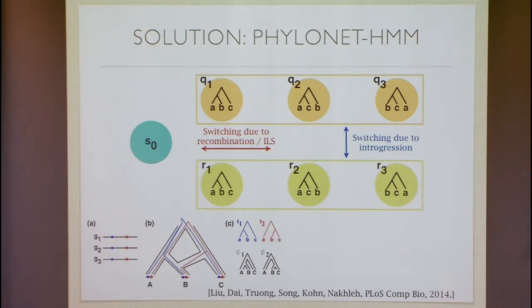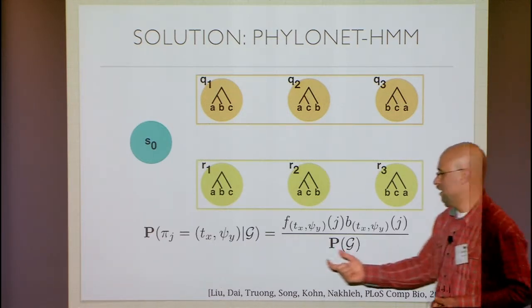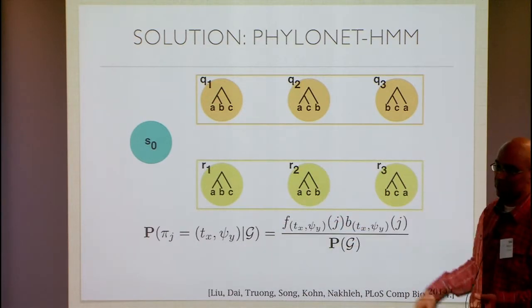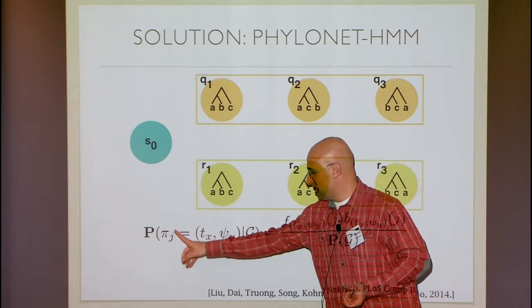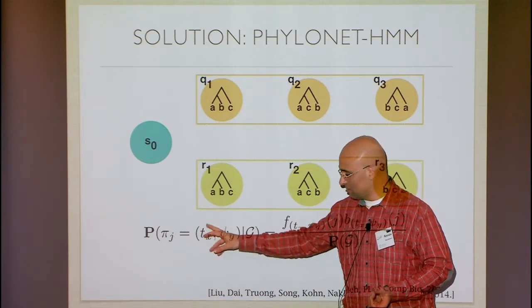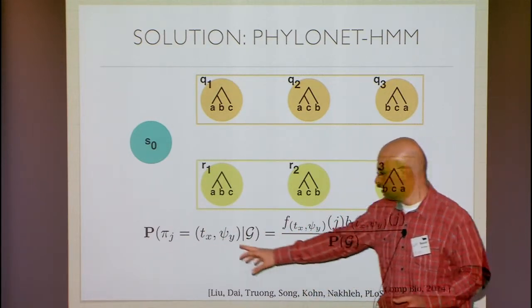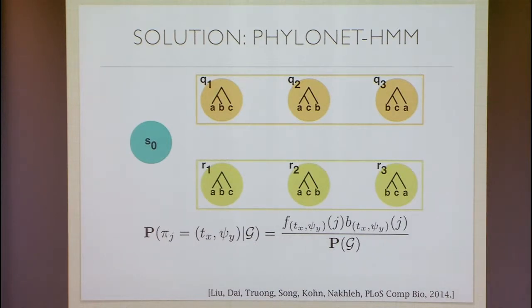And again, in the more general case where we have more reticulations, then you can have multiple rows and more switching. And then when we have this formulation, the problem of interest is solved by looking at the posterior decoding, which can be solved with the forward and backward algorithms. So the probability that a site J is coming from local genealogy Tx and from parental species tree psi Y is basically obtained using the posterior decoding.